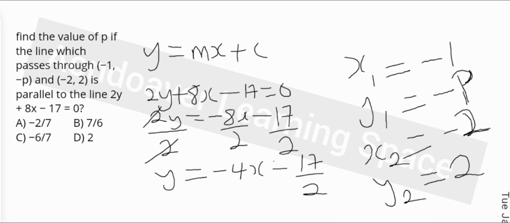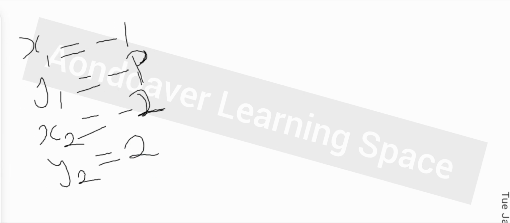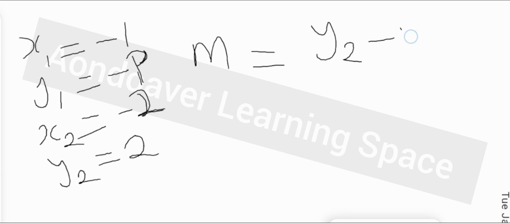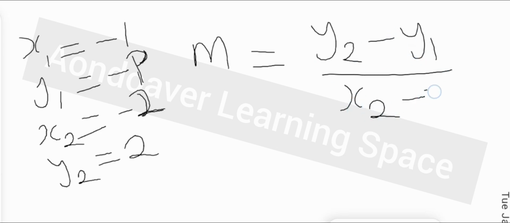So from here, we use the equation of slope. To find the slope, the gradient of a straight line, the slope m is equal to y2 minus y1 all over x2 minus x1. So this is equal to our y2, which is 2, minus our y1, which is minus p.